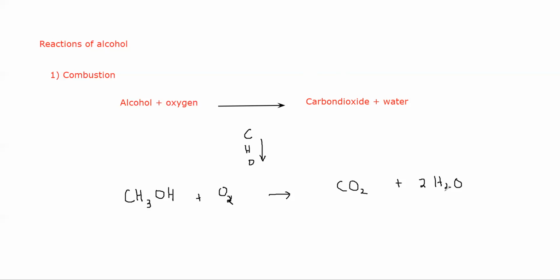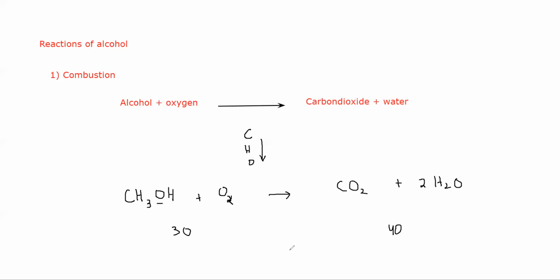Now what about oxygen? 2 multiplied by, this one is 2 oxygen and 2. So we have 4 oxygen on our right-hand side. And how many oxygen on the left-hand side? This is 2 and this one is also there. So there are 3 oxygen on our left-hand side. 1 oxygen is with alcohol and 2 oxygen of O2. So 1 is already there.